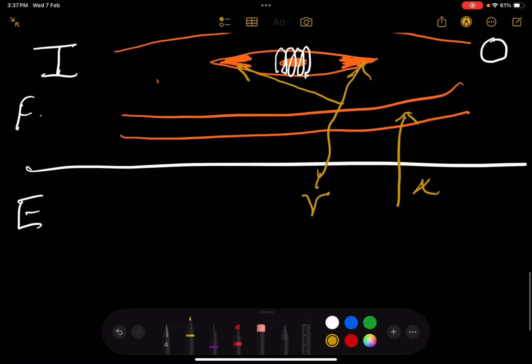Now, supposing the extrapyramidal system is desiring to bring this origin closer to this insertion, then it will stimulate this gamma neuron. It will stimulate on both sides, on the flexor and extensor, both sides. And what will happen? These intrafusal fibers will contract and the distance between the annulospiral ring will increase.